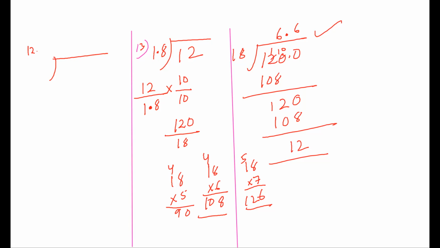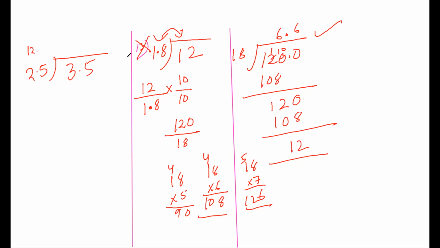Question 14. 3.5 divided by 2.5. So that means this question went wrong. Just put a cross mark, girls. You will do it by your own. It has to be 3.5 divided by 2.5. In the other question, 12 has to be inside, girls, because I did not hear you all properly.